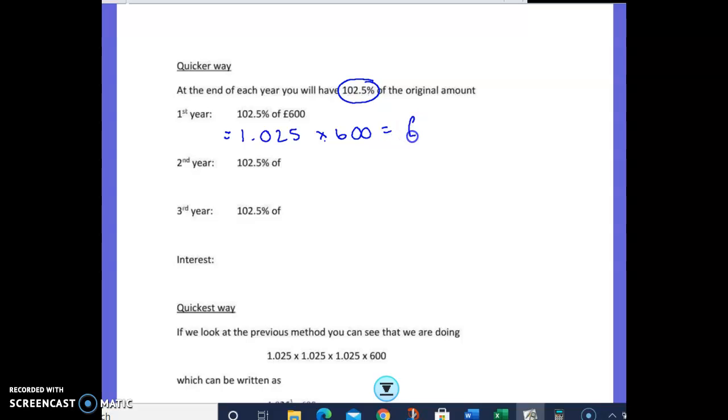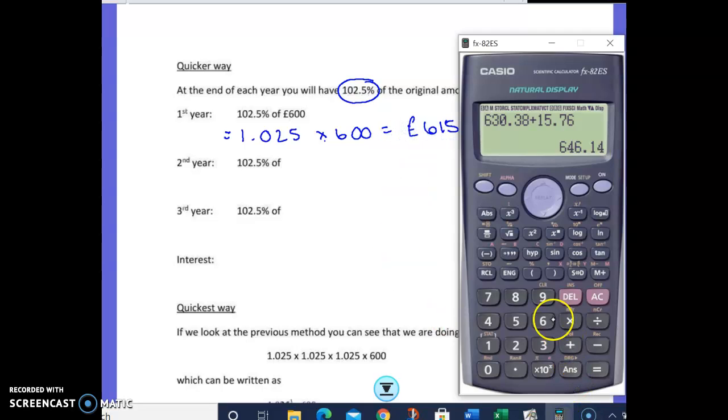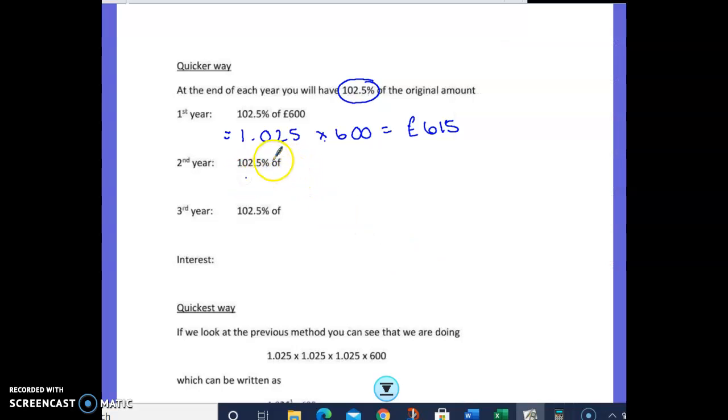Times that by 600, we get £615. 1.025 times 600 is 615. I then want to do 102.5% of £615. Same idea again. That's a decimal.